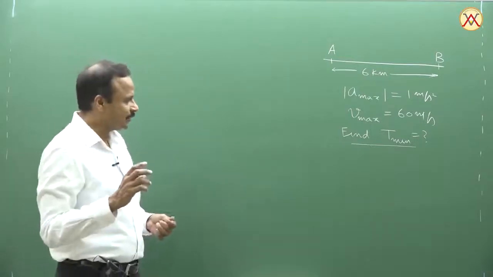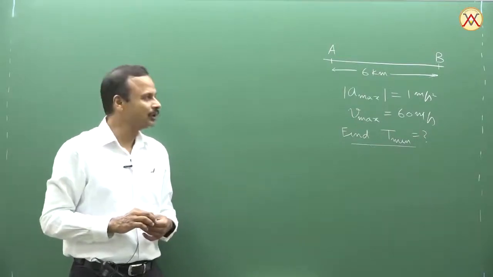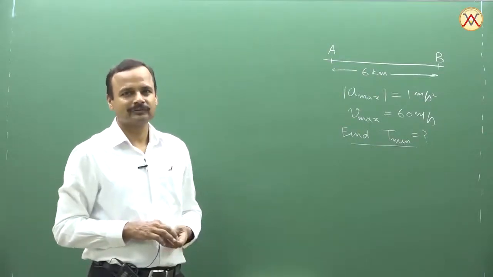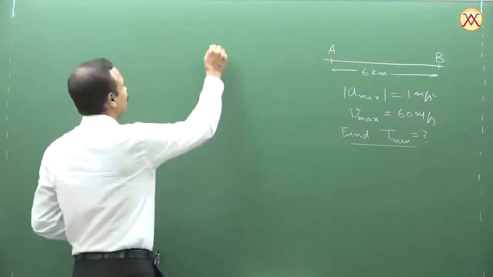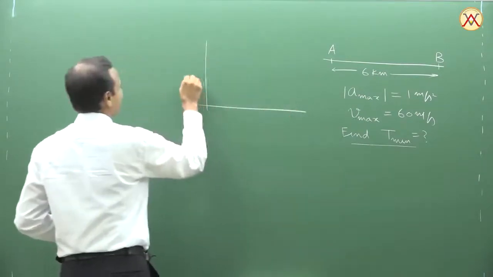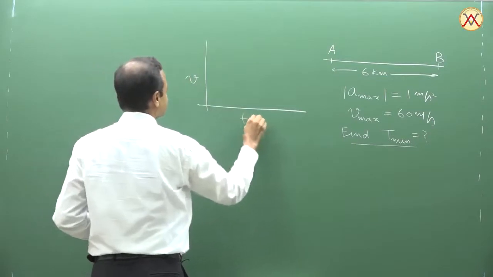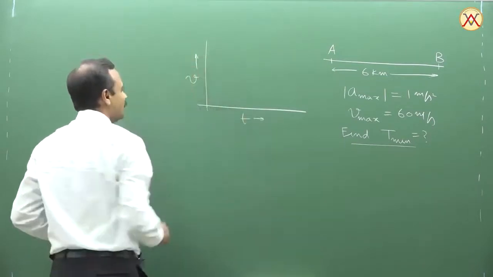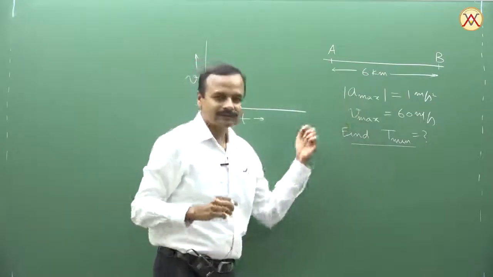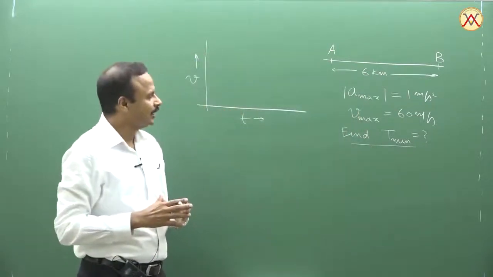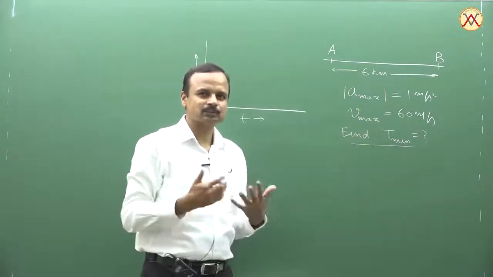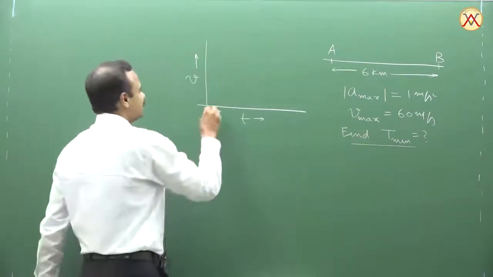Alright, such questions can be solved most efficiently with the help of graph. We will draw the velocity time graph of the train, VT graph. See, initially the train will accelerate with its maximum acceleration so as to achieve this maximum speed in the minimum time.